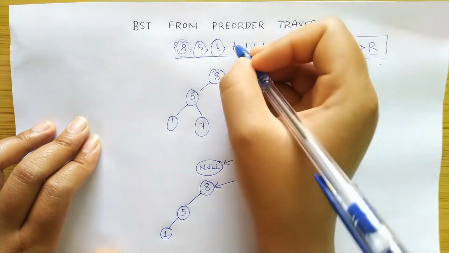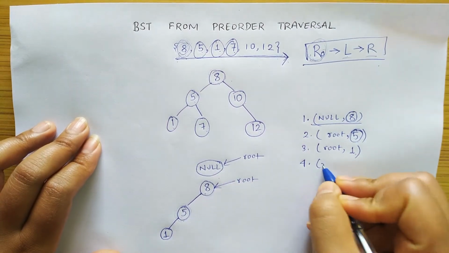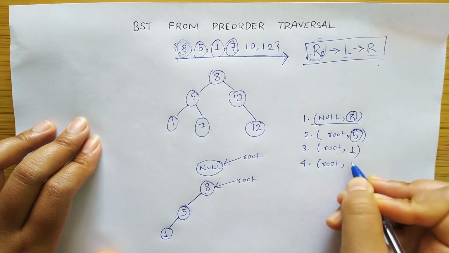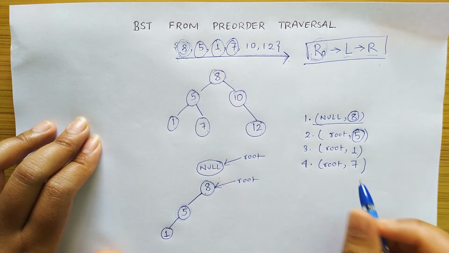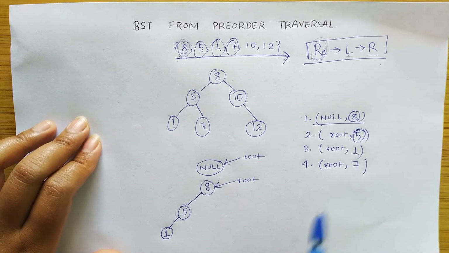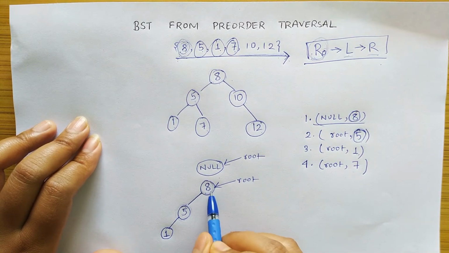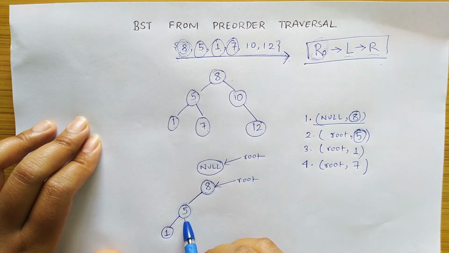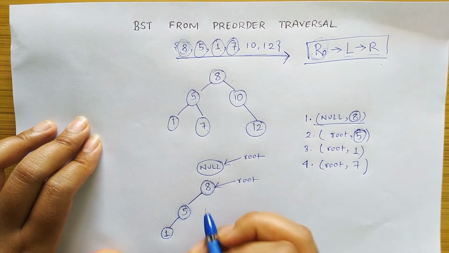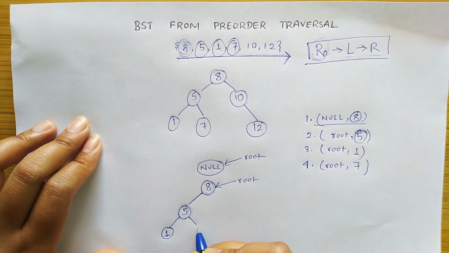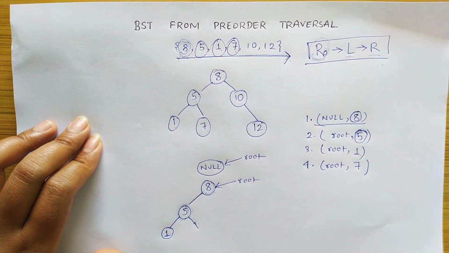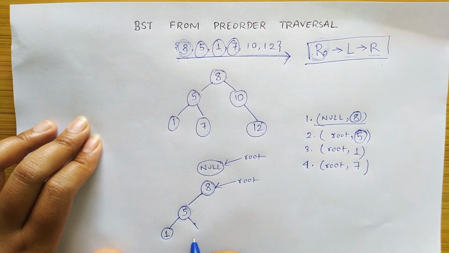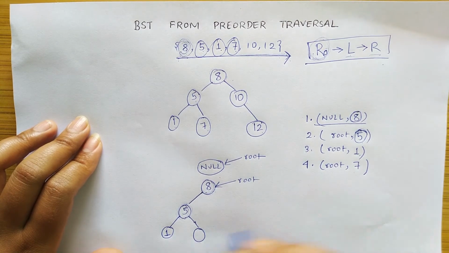In the fourth call it will send 7. So we will have root comma 7, and it will check with 8. It is smaller, so it will come here. In the else part, it is greater than 5, so it will insert it on the right side. It will call the insert function again for the right child, and since this is null it will fall in the base case and just create a node here with this value.